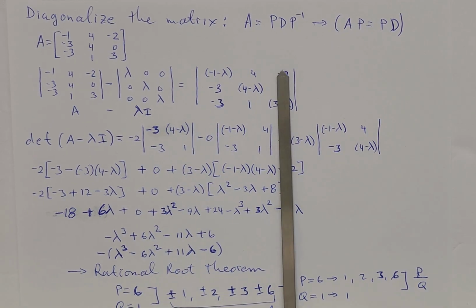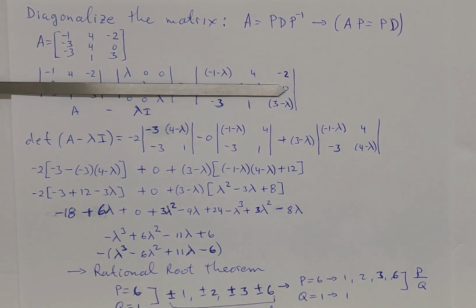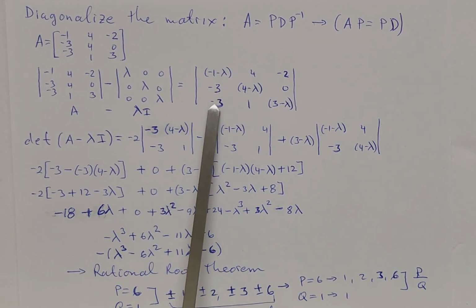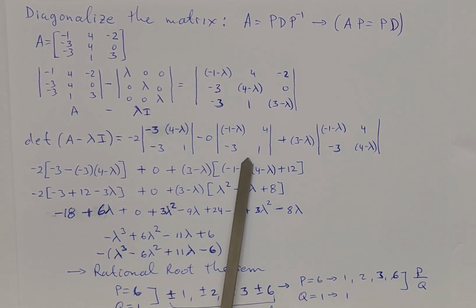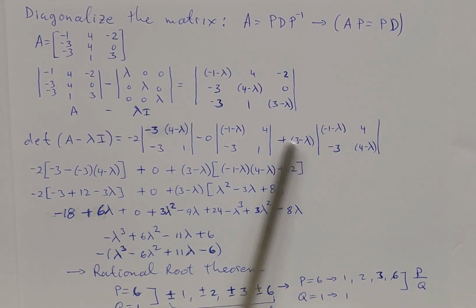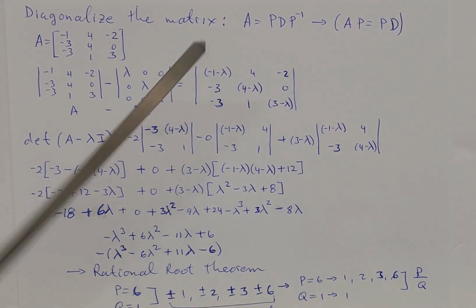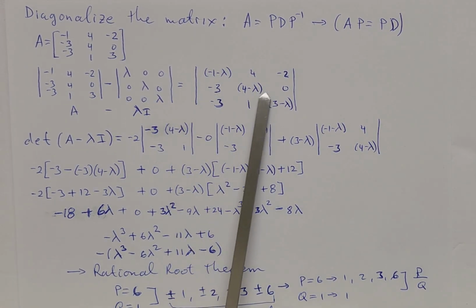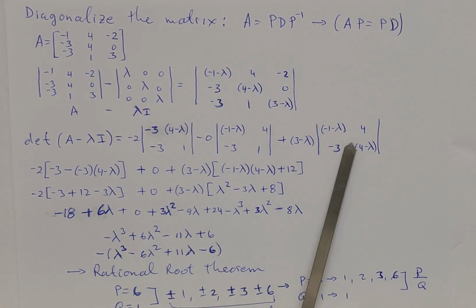So this column and this row go away. All you have left is these two and these two, which is here, okay? After minus, then plus, plus this one. So this column and this row go away. So you just have this part only, which is here, okay?